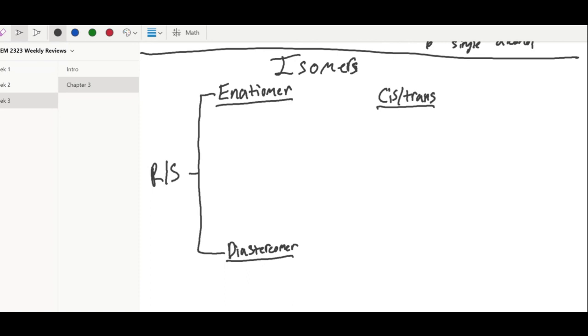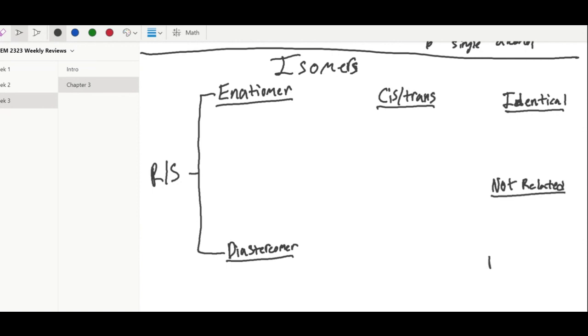And there's identical, which sounds exactly what you think it is. There's not related, which also sounds exactly what it says.